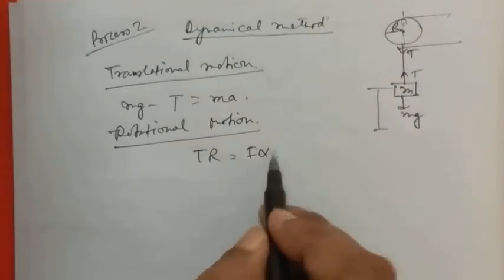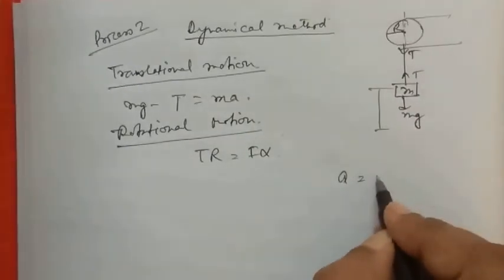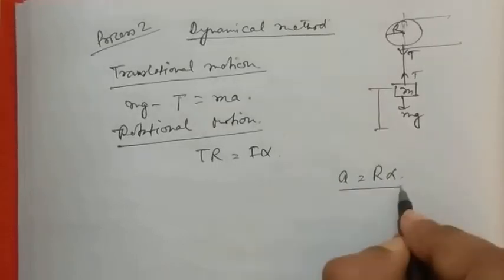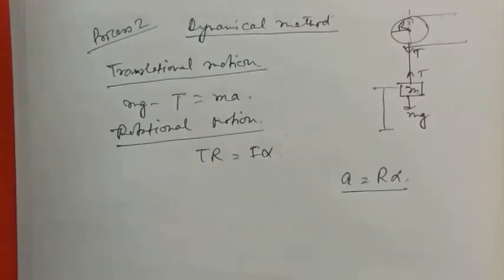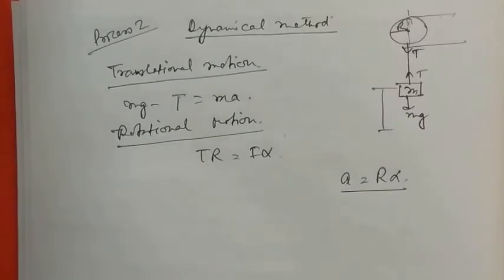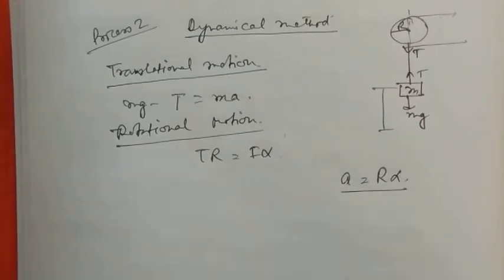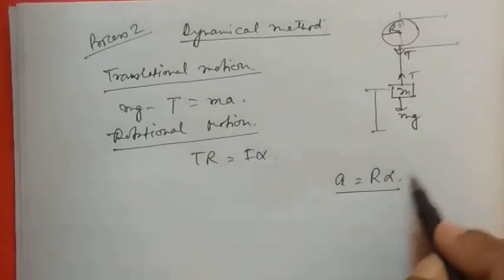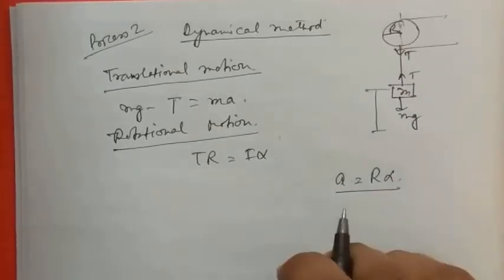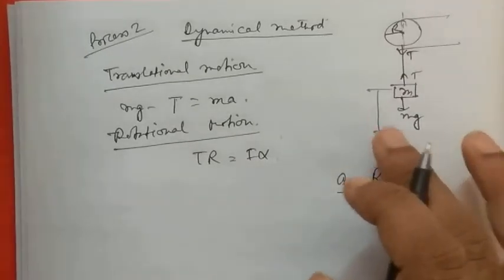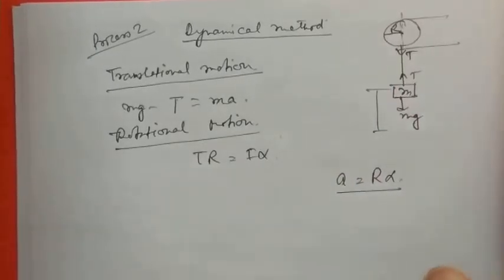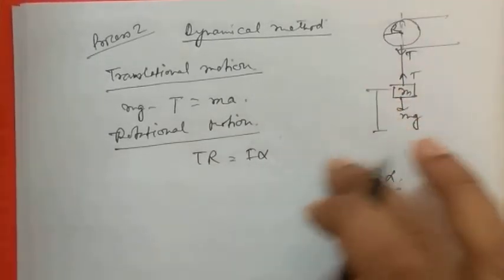Now what is alpha? From a is equal to R alpha, where a is the acceleration of translation of mass small m and alpha is the angular acceleration of the cylinder. Now in the question we are told that there is no slipping of the rope over the cylinder.